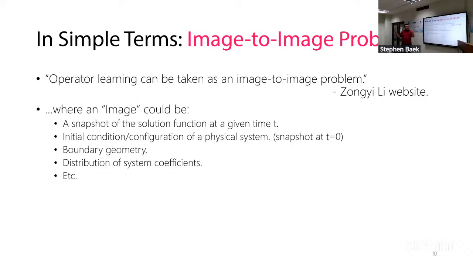A snapshot of a velocity field at an arbitrary time t, predicted from things like the initial condition or initial configuration of the physical system. This is what the system looked like at time t equals 0, given as a function, given as an image. And from that image, you want to predict a snapshot of the physical system at an arbitrary time t, a usual prediction problem.